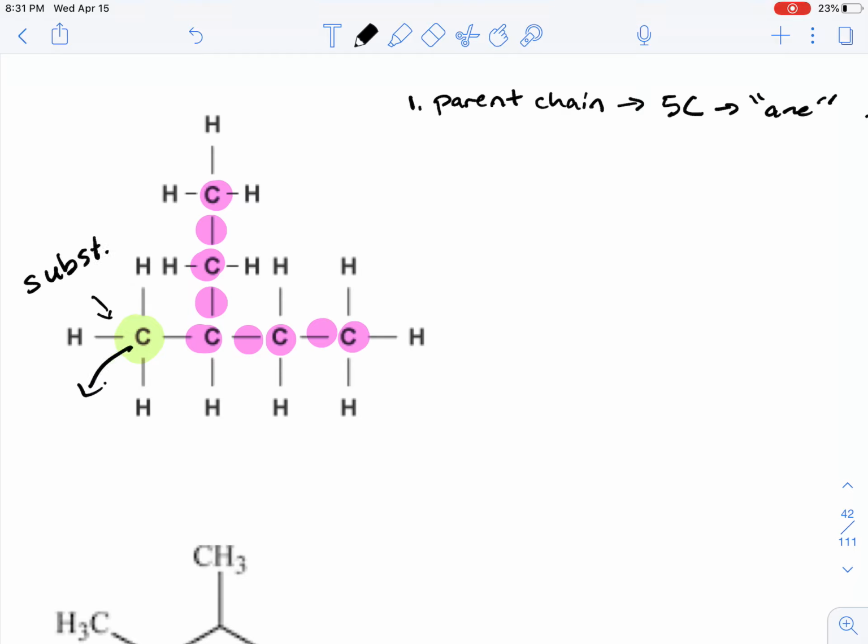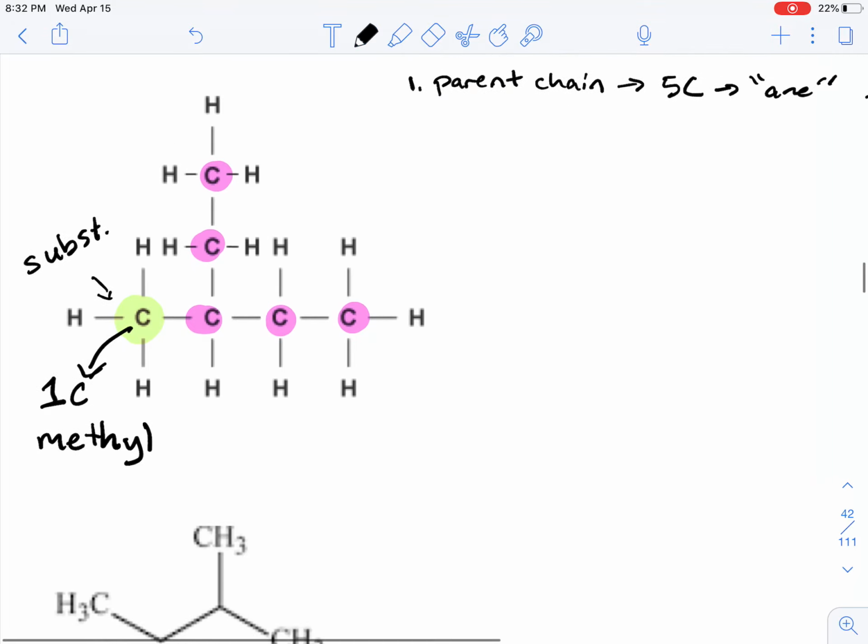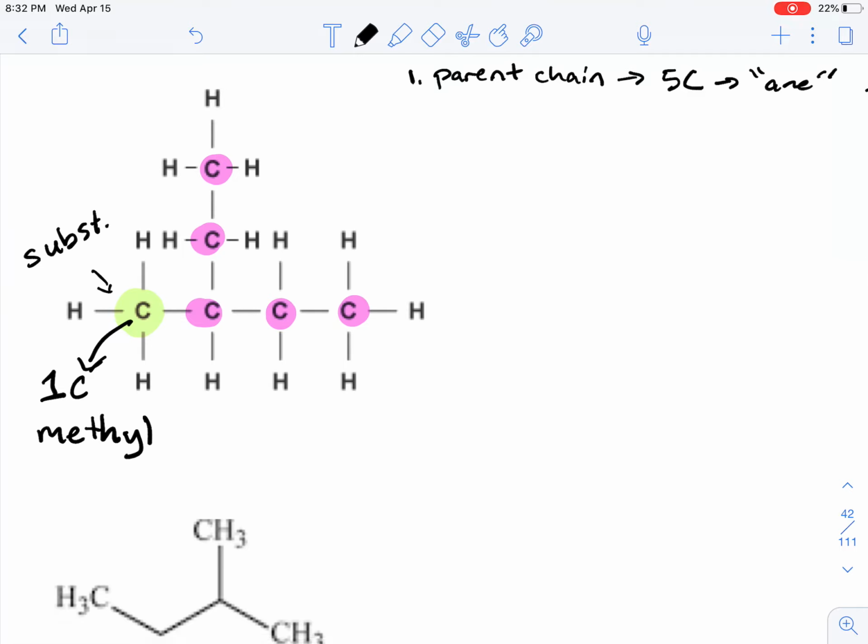Now, it is a 1 carbon substituent, so therefore it has meth as its prefix. And since it's a substituent, I'm going to use the YL ending. So this is methyl. Now the next thing that you want to ask yourself is, where is this methyl located on the parent chain? And so this is where we have to number the parent chain, number the carbons.